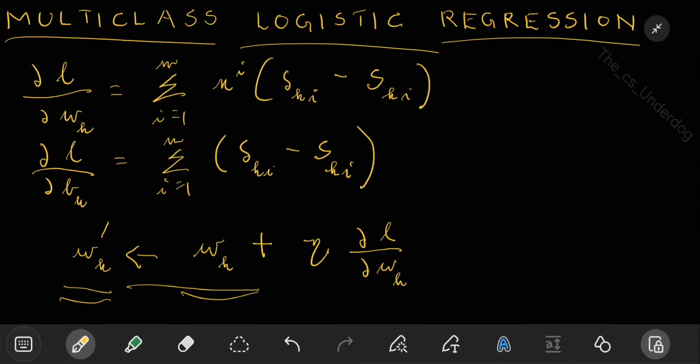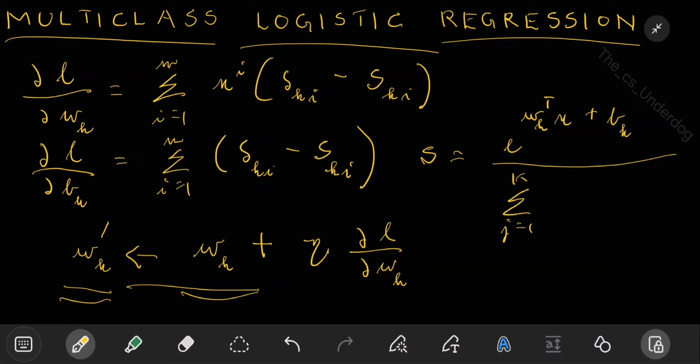I'll just write it down here so that there is no more confusion on how this works. Softmax function, we had it as e power, let's say you're checking for the kth class, WK transpose X plus BK divided by the sum over all the classes j equal to 1 to k of e power Wj transpose X plus Bj.